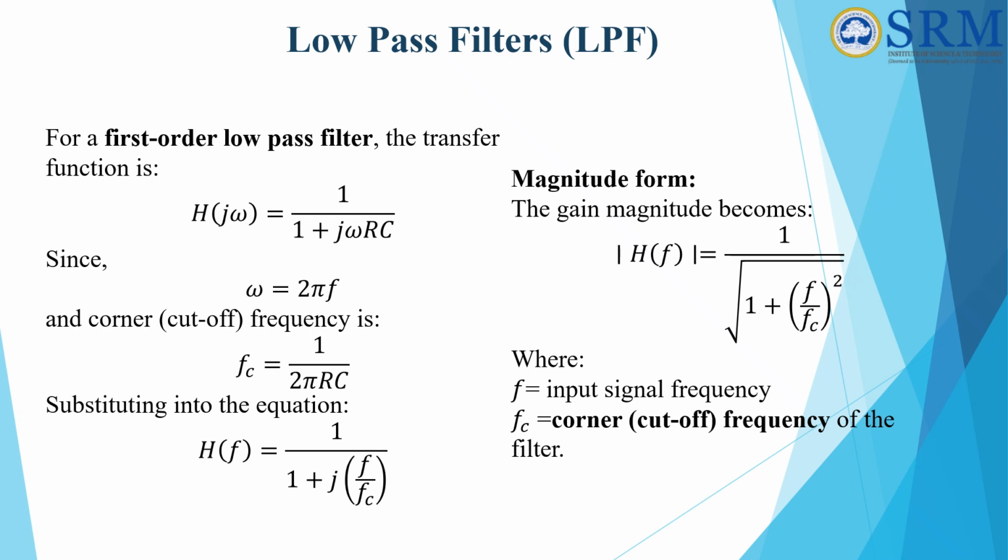By substituting these into the transfer function equation, we get H of f equal to 1 by 1 plus j into f by Fc. The magnitude of this transfer function is given as magnitude of H of f equal to 1 by root of 1 plus (f by Fc) the whole squared. Here f is the input signal frequency and Fc is the corner or cutoff frequency of the filter.